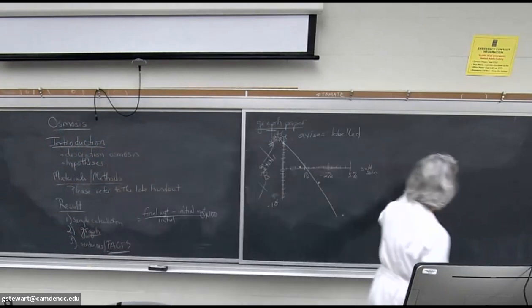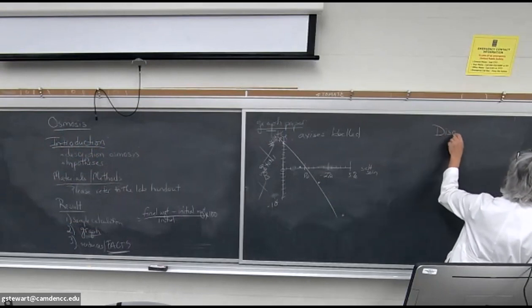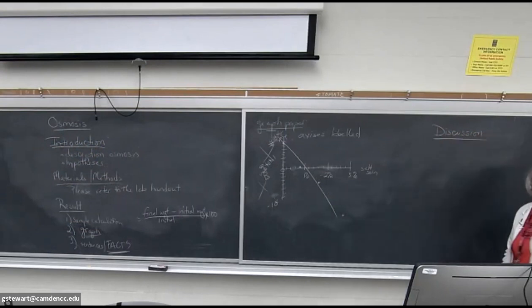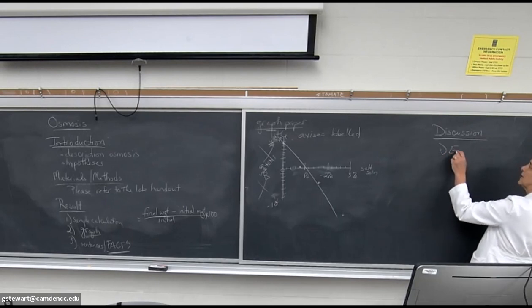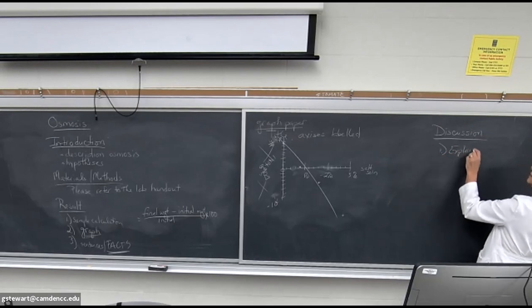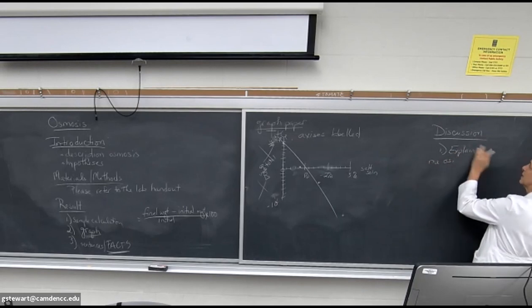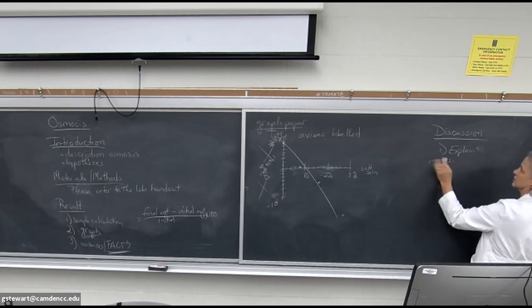In your discussion section, then you need to tell me why. And the discussion section for this lab report has two specific components. The first part is explain to me, explain osmosis to me, I should have said.